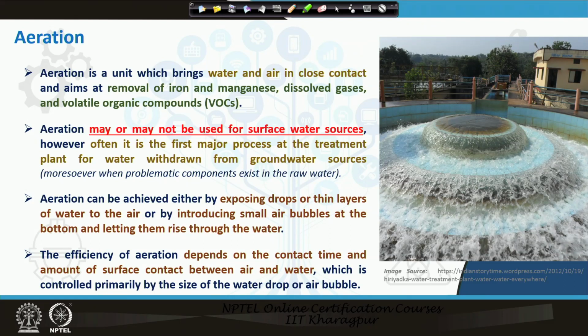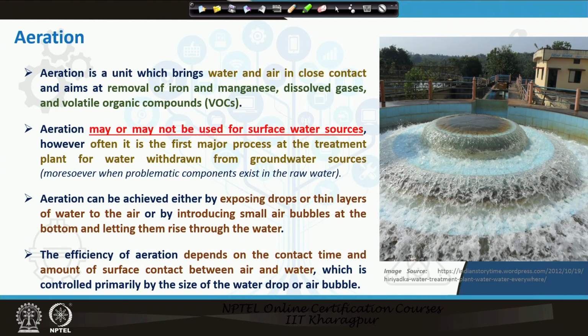The surface water sources may already be exposed to oxygen because they are open at the surface. So, they may already have an adequate amount of dissolved oxygen, and the majority of the impurities which could be removed by aeration may already have been removed at the source itself, and may not be there in the water when we bring it to the treatment facility.